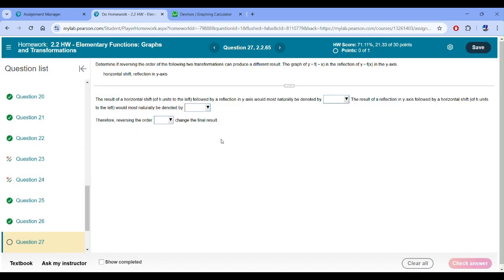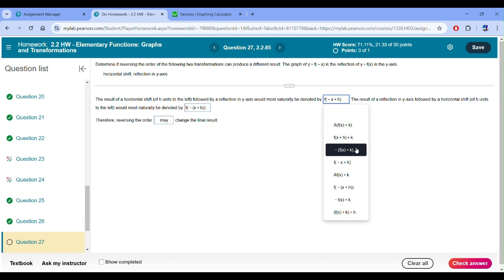Yep. Okay, horizontal shift and reflection over the y-axis. A horizontal shift. Yep, this is going to change it. So this one's going to be f of negative x plus h, and then it's going to be negative parentheses x plus h. May affect. I may have to switch these.